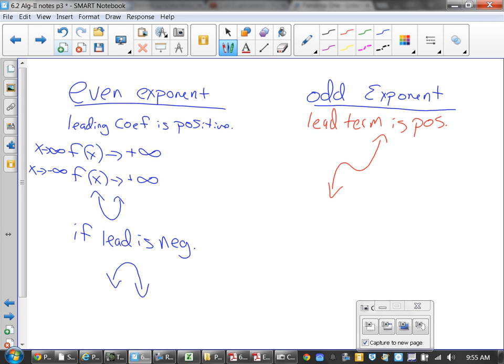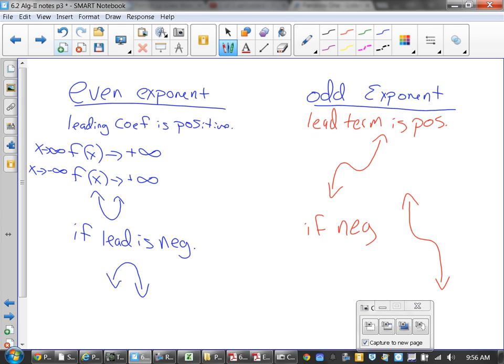Anyway, if the leading term is positive, the curve's going to look somewhat similar to that. If its leading term's negative, what do you think it's going to do? It's going to go the other way. So your tails will be going the other way.